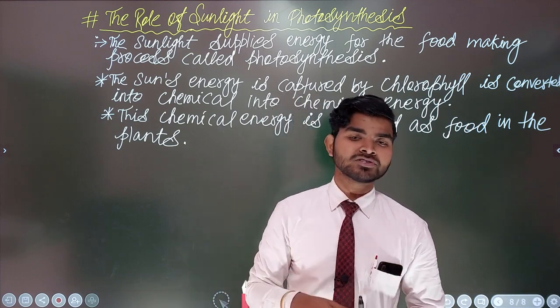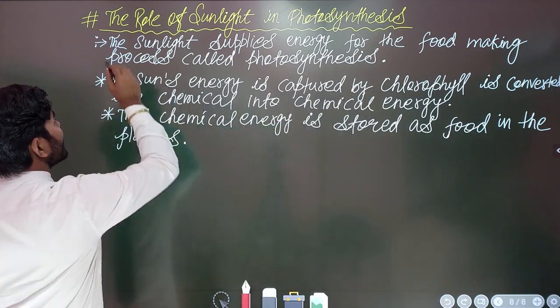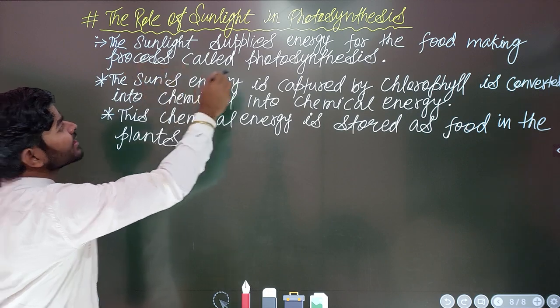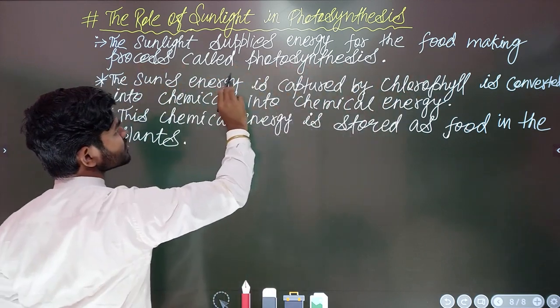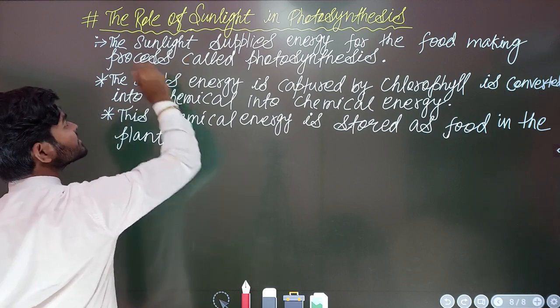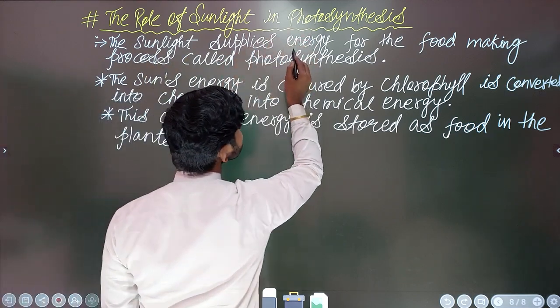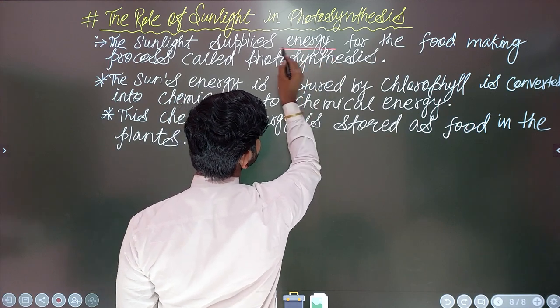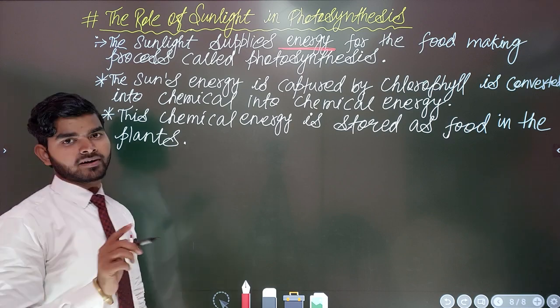Now listen to me. I have written that sunlight supplies energy for the food making process called photosynthesis. So what is the role of sunlight? The role of sunlight is to supply energy. This is the first point that you must remember.